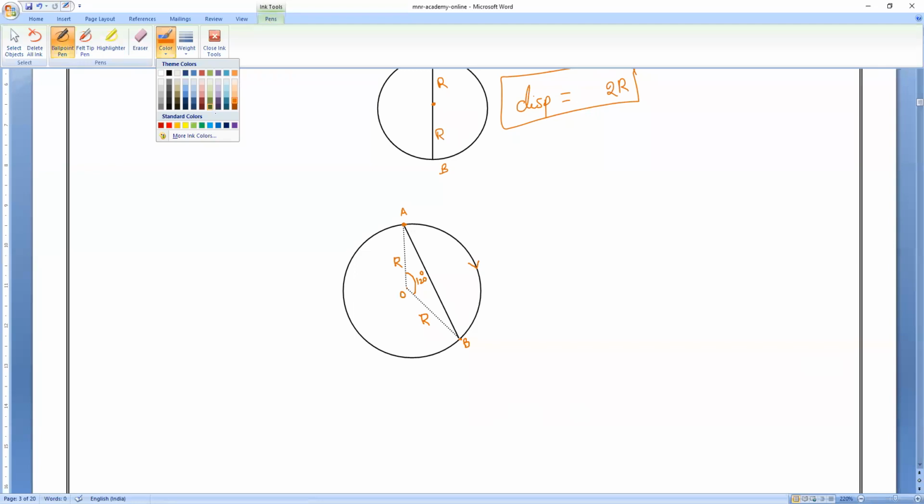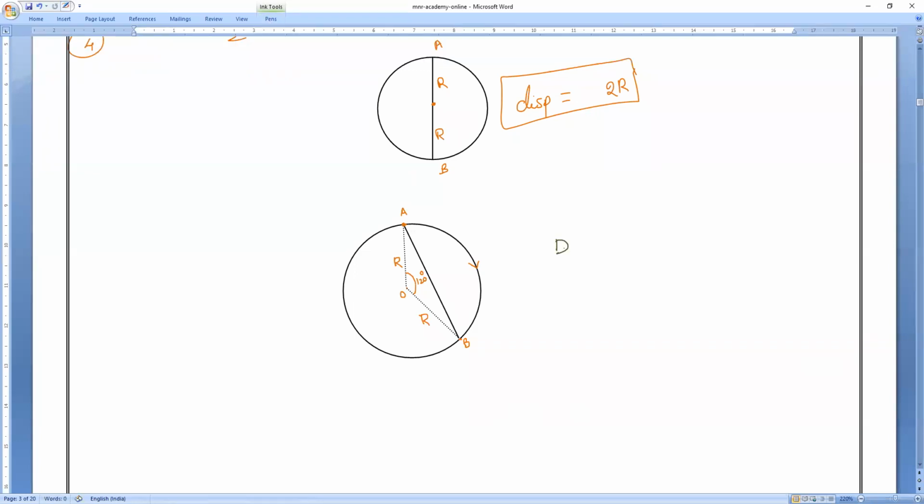Now in this case, what is the displacement? We all know displacement is the shortest path between where and where? A to B. Yes or no? So I will write the displacement formula.